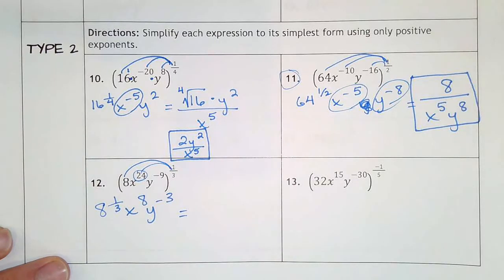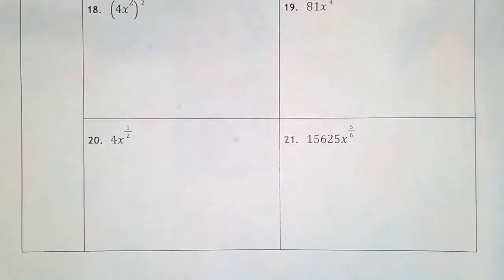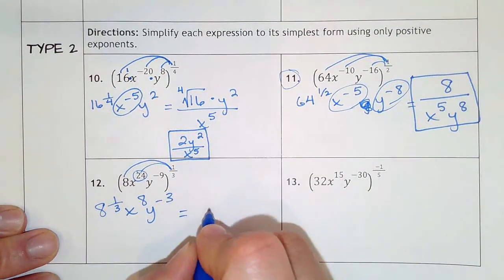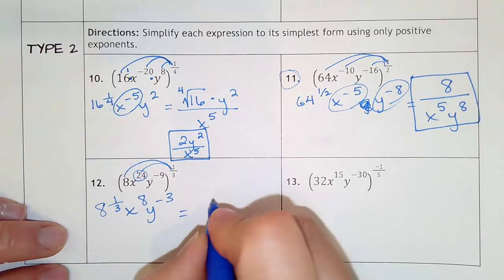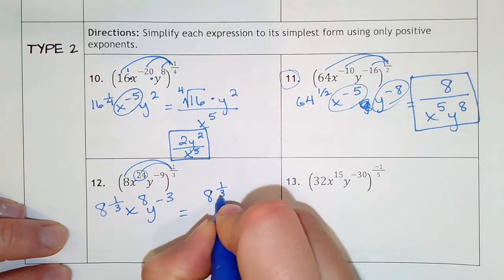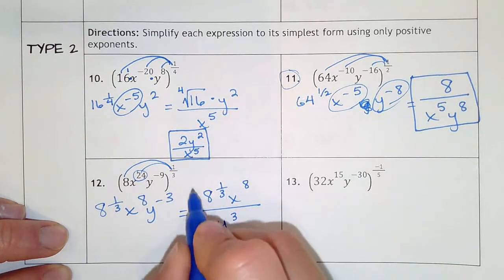Simplify each expression to its simplest form using only positive exponents. So I guess we'll leave it as an exponent. 8 to the 1/3, x to the 8th over y cubed.